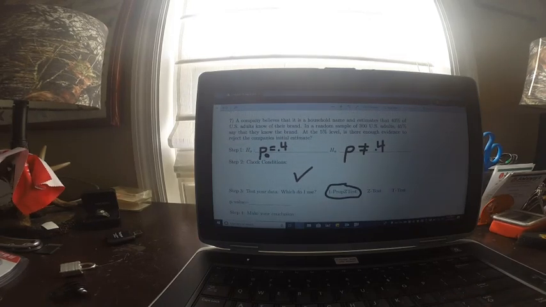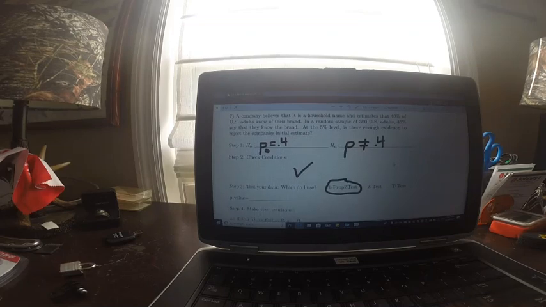In a random sample of 300 U.S. adults, 45% say they know the brand. So in order to find this x, I'm just writing here, x equals 0.45 times that 300. That's how you're getting your x, the same way we did for confidence intervals.